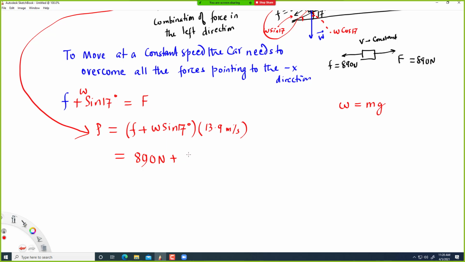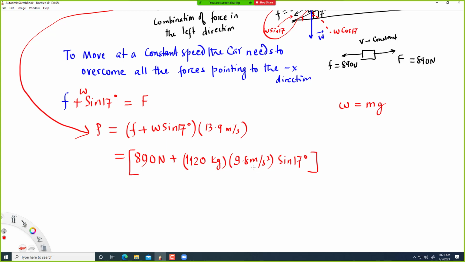Okay. Mass of the car 1120 kilogram. g is 9.8. Sine 17, and then that is the force to overcome.